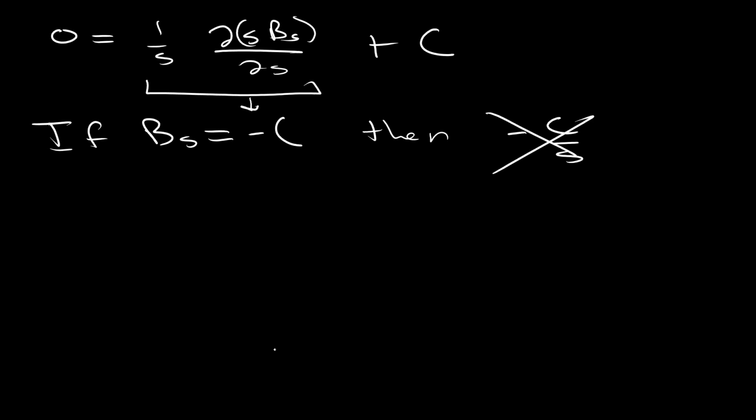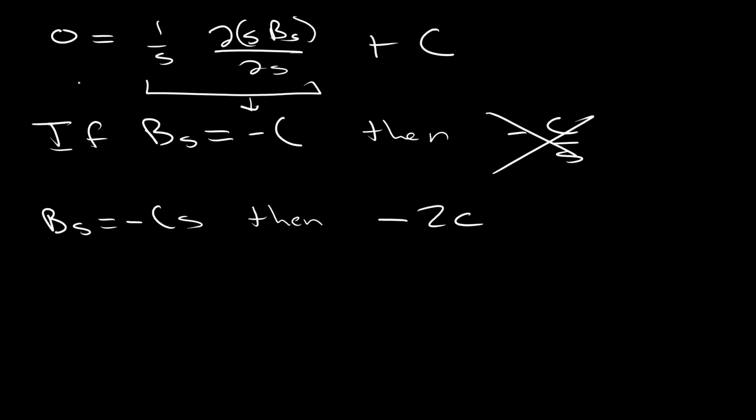How about if we try B_s equal to minus CS? Okay? Well, then with that, we're going to end up for this term right here getting a negative 2C. Okay, so now we fixed this extra S term that we have, but now we have this extra factor of 2.